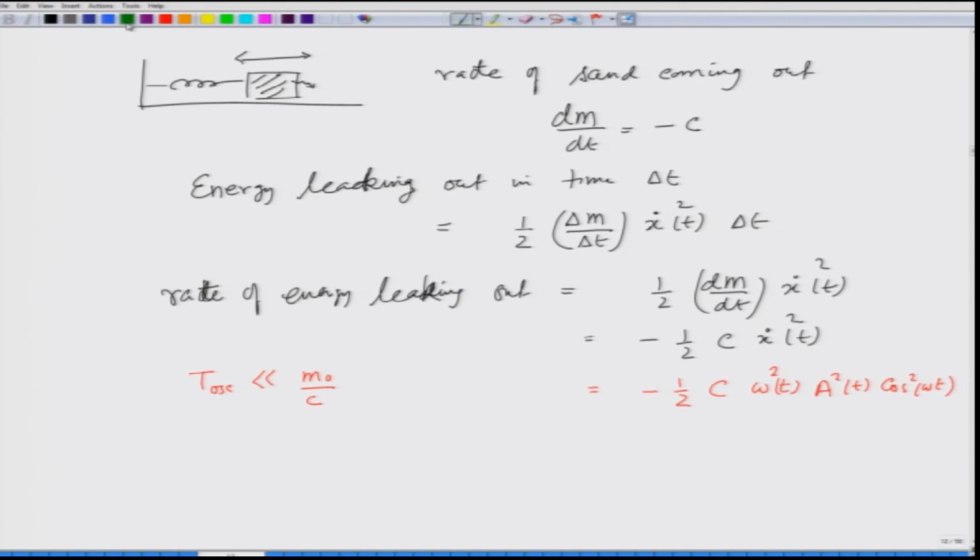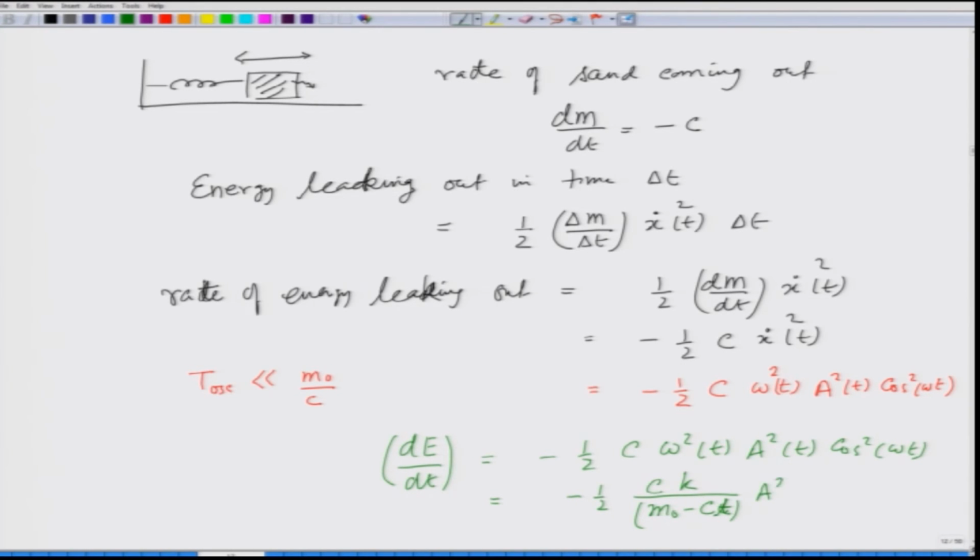So, let me write this equation in a different color. dE dt, the rate at which energy is going out at any time t, is minus 1/2 c omega square t A square t cosine square of omega t, which I can further write as minus 1/2 c k divided by m naught minus c t, A square t cosine square omega t.